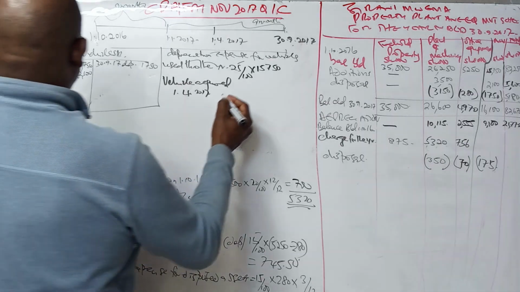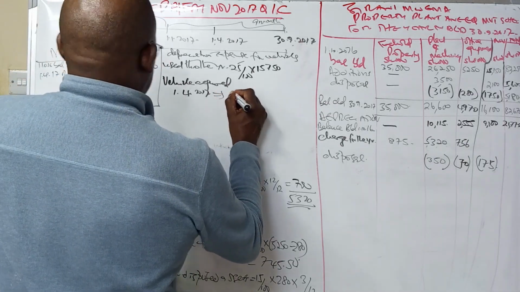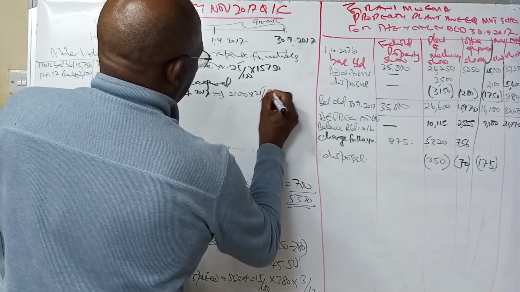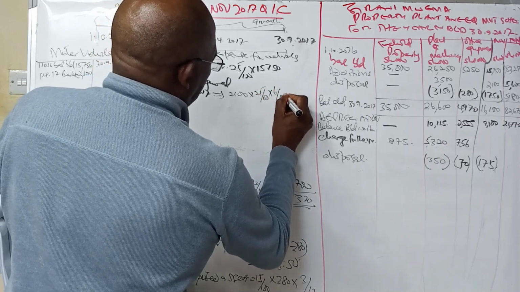6 months. And therefore the depreciation charge is 2,100 times 25%, but we have used it for only 6 months, so 6 out of 12.